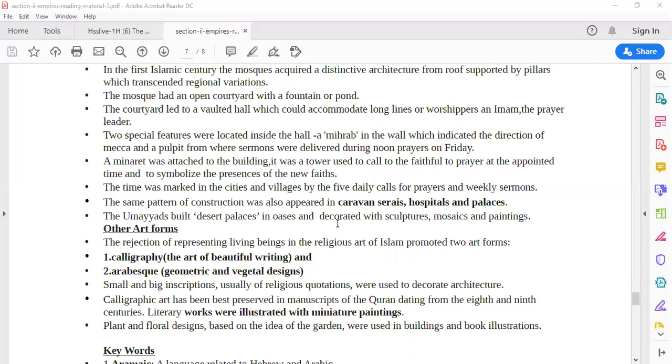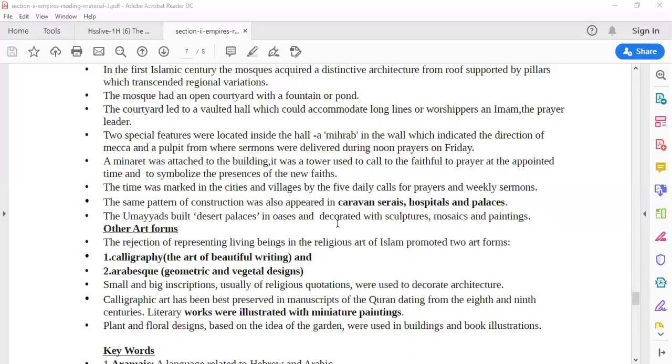One was the mihrab, a niche inside the wall which indicated the direction of Mecca. And then there was a pulpit, which is called a minbar, from which the sermons were delivered during the noon prayer, especially on Friday.